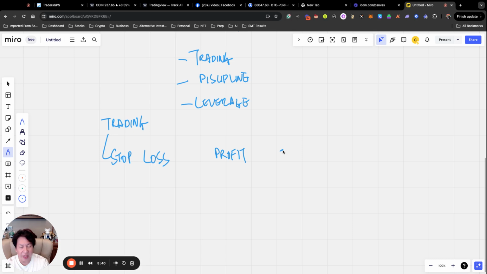But theoretically, there is a way to calculate what we call the risk reward ratio. What is a risk reward ratio? Basically it is your stop loss and your profit, and then you know your entry price. Entry price is the price you went in. So the stop loss price, let's say you're long, you're buying it, will be below here, and your profit target price will be above here.